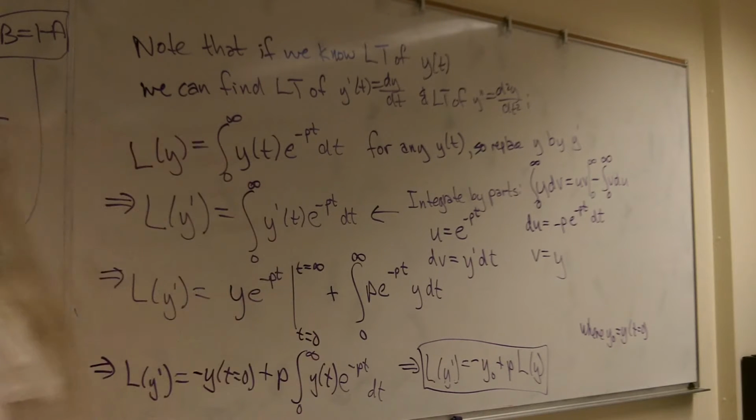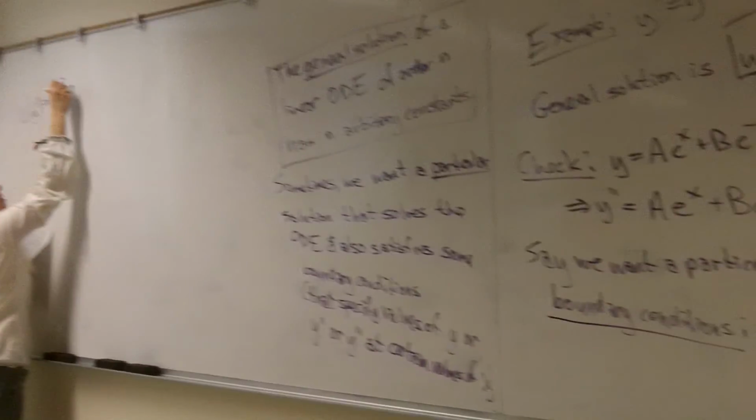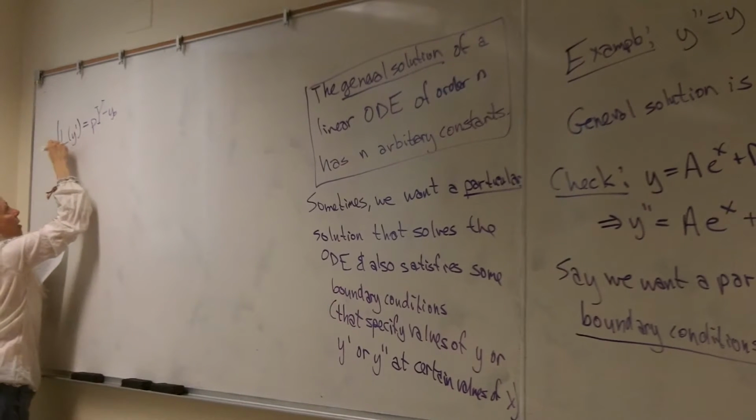We can find the Laplace transform of y double prime in a similar way. Okay, so we have found that the Laplace transform of y prime is equal to p times capital Y minus y naught.